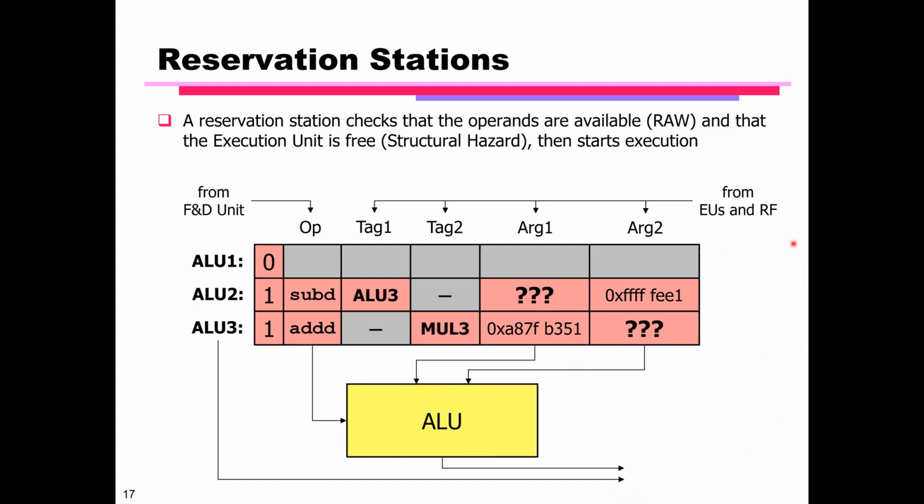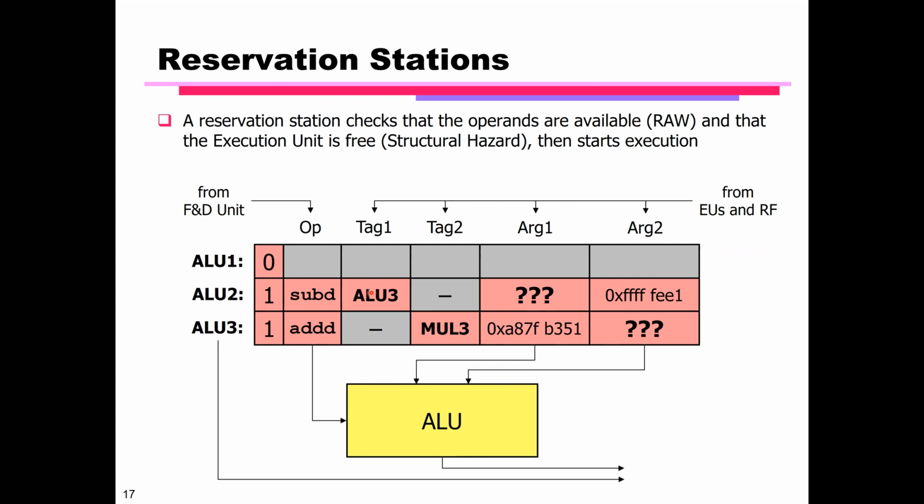This is connected so that all the execution units, all the functional units, produce and show to all the reservation stations all the values that are being generated in a specific cycle. I will tell them that the instruction I call ALU3 has produced the value 1000. Is there anyone here that is interested in this value 1000? We go in here and look at whether there is the tag ALU3.